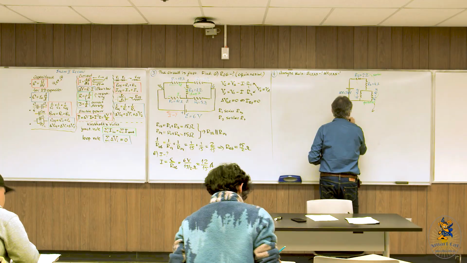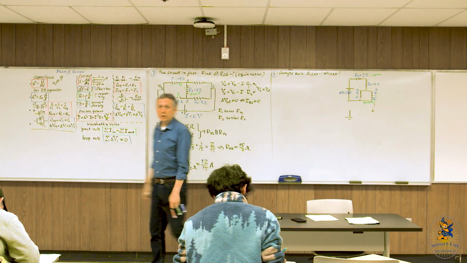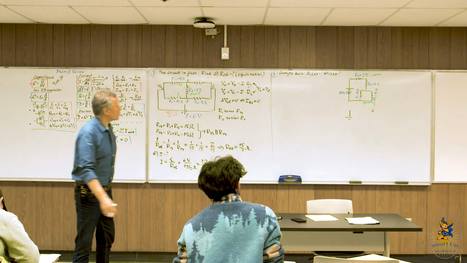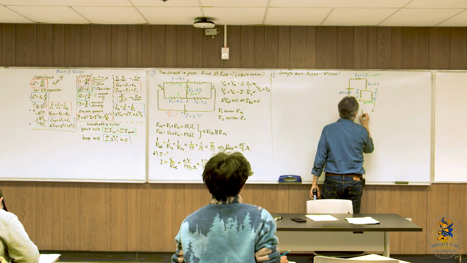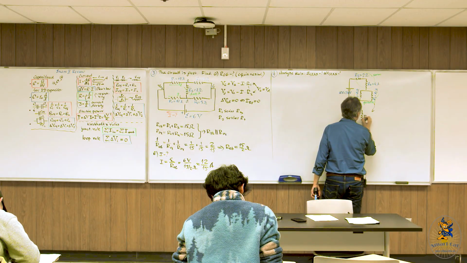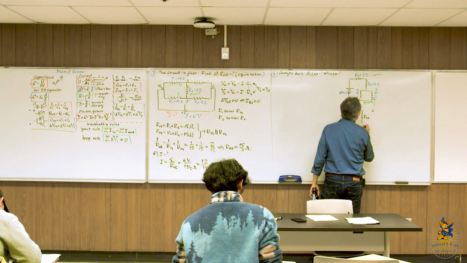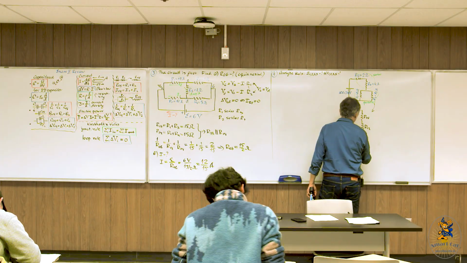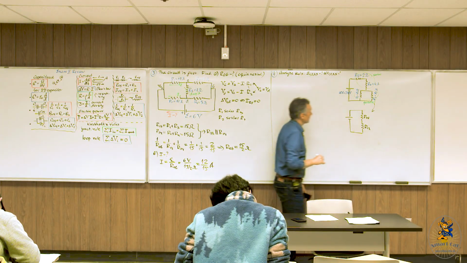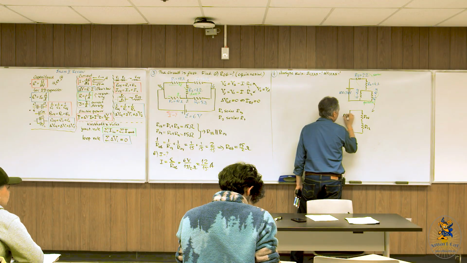The battery still works in the same way because that's how we developed the method. We don't want to disturb the work of the rest of the circuit. Instead of R3 and R5, it will be R3,5. And then instead of R1 and R2, R1,2. And delta V is still the same.